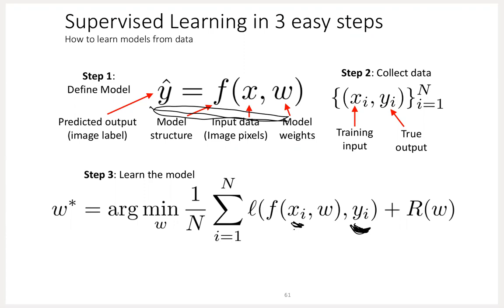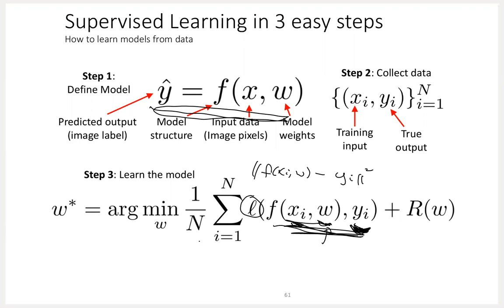Now I want to find the best model parameter such that this matches, or gets as close as possible. So in general I can define some loss function here, typically just a squared difference, an L2 norm.